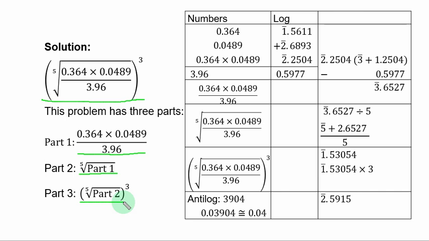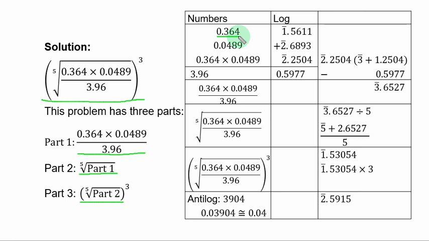In part 1, we consider the numerator, number by number. The first number there is 0.364. To get the log, we do two things. You find the characteristic or integer and the multiplier.